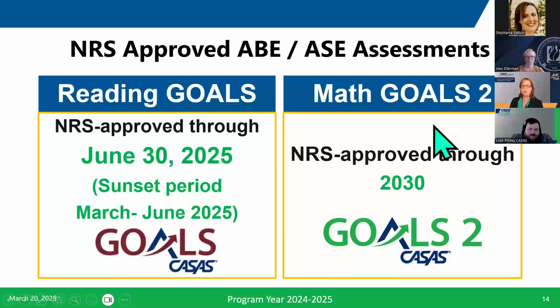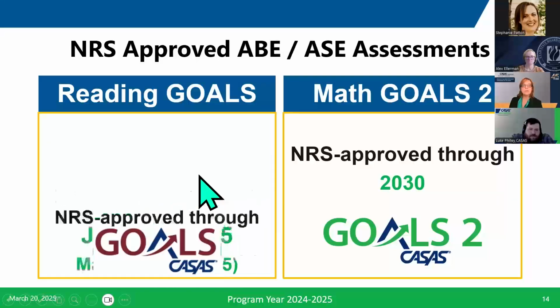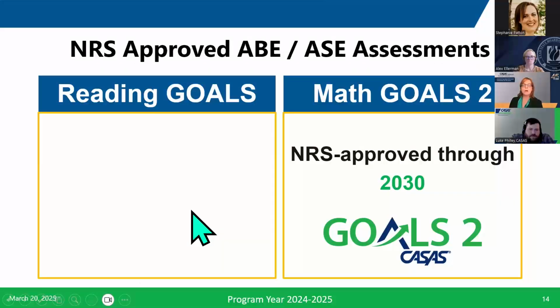It's important to note we're getting lots of calls. Math Goals 2 is approved and has been approved through 2030. Reading Goals has been approved through June 30, and we're just waiting to hear on Goals 2.